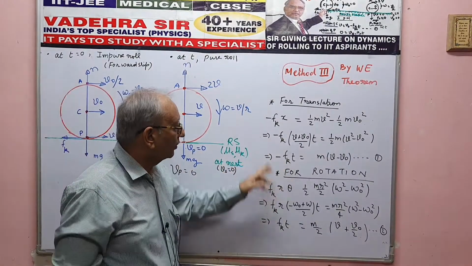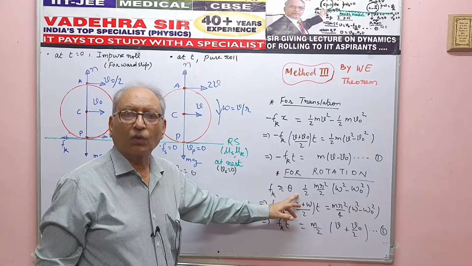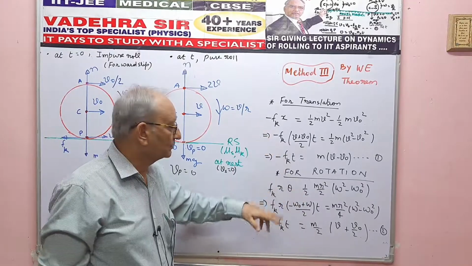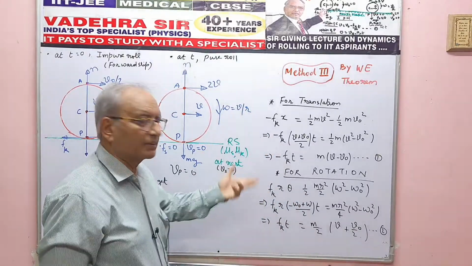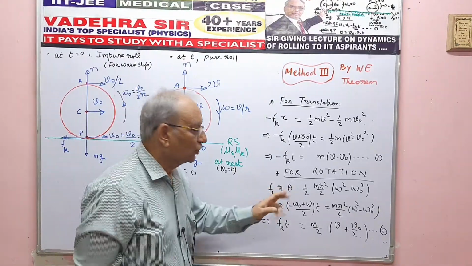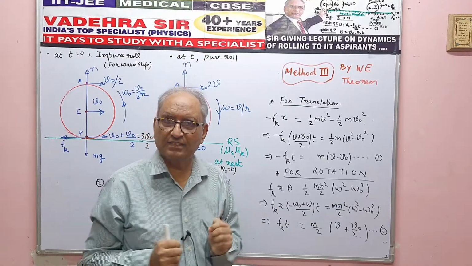So for rotation, Fk r theta is the work done, if theta is the angular displacement in the time interval t minus 0, that is t. So Fk r into theta should be equal to the change in rotational kinetic energy.